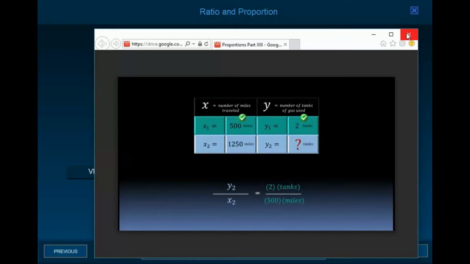At a second point in time, x sub 2 is equal to 1,250 miles, and we replace x sub 2 by that value. Y sub 2 is what we want to calculate. How many tanks of gas are required to go 1,250 miles?